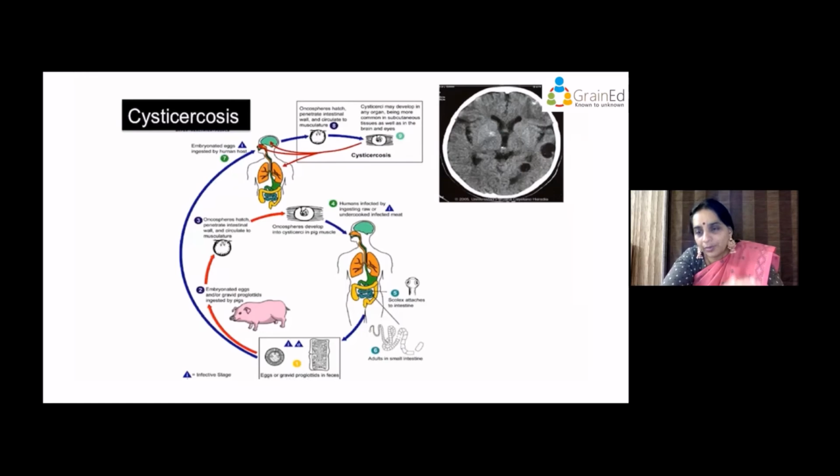That is a problem, right? But if we are taking the eggs, then we can have cysticercus, and it could go into any of the organs of our body. And this also means whether we are vegetarians or not vegetarians, we could still get infected with this wonderful worm.